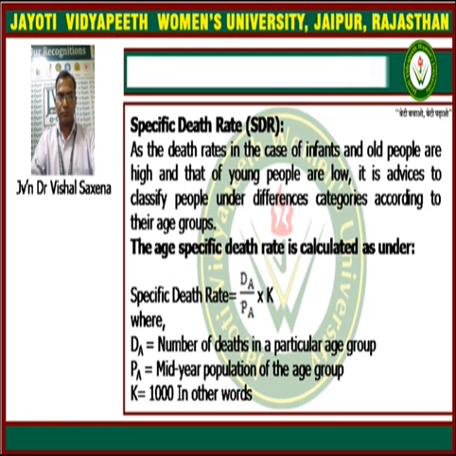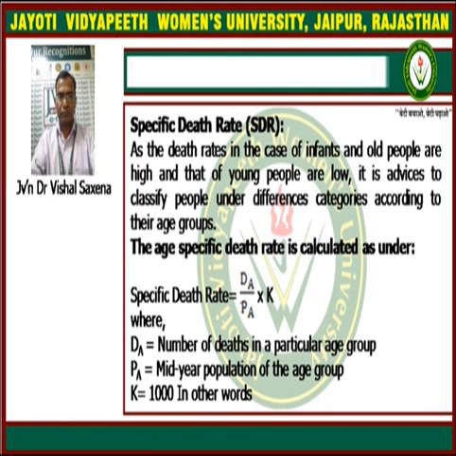Now we have the concept of the specific death rate. The specific death rate is simply the death rate for a particular age group. We can define it as the number of deaths in a particular age group divided by the mid-year population of the age group, multiplied by 1000. So that is the concept of the specific death rate or the age specific death rate.